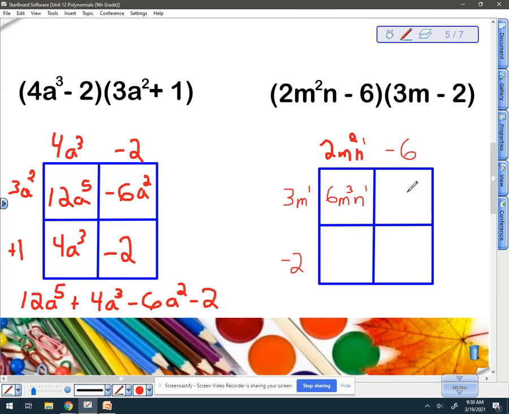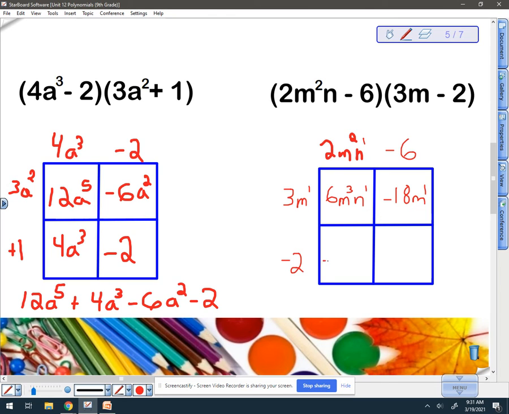All right. This box, this one times that one. Negative and a positive. So positive and a negative is a negative. 6 times 3 is 18. That has an m and that doesn't. So there's nothing to multiply it with. You just leave it the same. All right. This box, positive 2 and a negative 2.